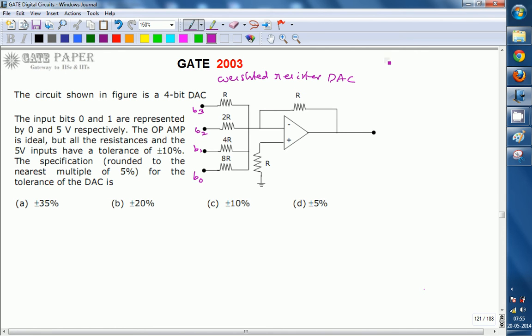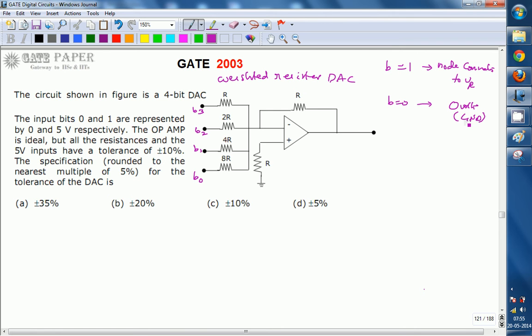Whichever of B3, B2, B1, B0 it is, if B is equal to 1, that corresponding node connects to V reference. Otherwise, if B is equal to 0, that corresponding node connects to 0 volts, that is nothing but ground. So depending on the B3, B2, B1, B0 values, the corresponding resistors may be connected to V reference or to ground.